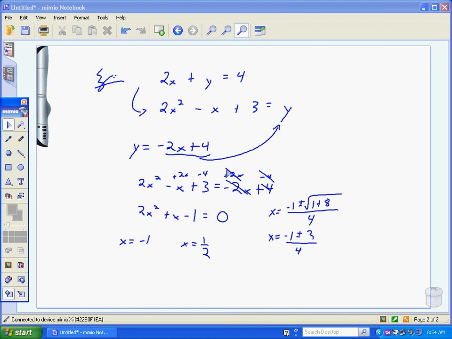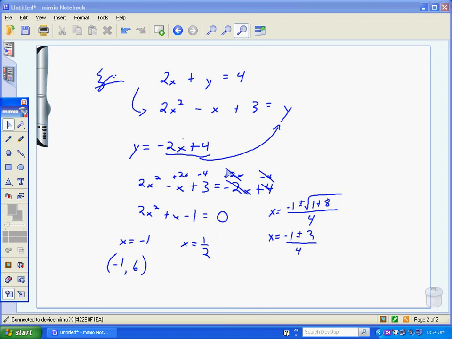We'll just do it in our heads here. Negative 1 in here. We get negative 2 times negative 1 is positive 2, plus 4 is 6. So our solution is going to be (-1, 6) for that one. And we'll do the same thing with a half. We'll just plug it in. Negative 2 times a half, the 2's cancel, so I'm left with negative 1. Negative 1 plus 4 is 3.